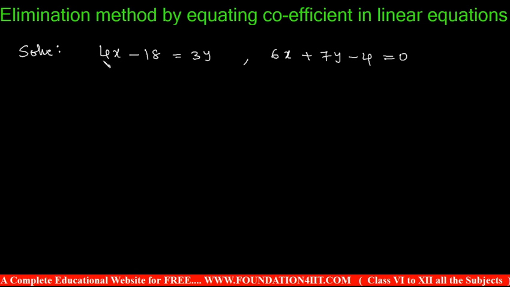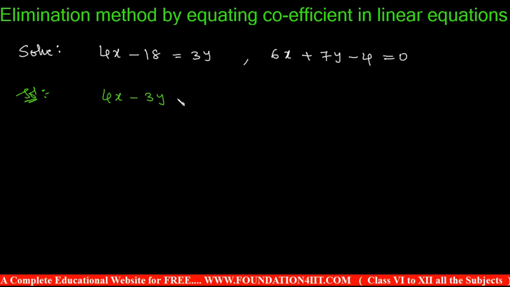Here the x coefficient is 4 and the other x coefficient is 3. Here y is on the right side and the constant is on the left, the LHS side. So let us take them in order. We can arrange the given equations in order. That is, 4x minus 18, take it to the right, 3y is on the LHS.